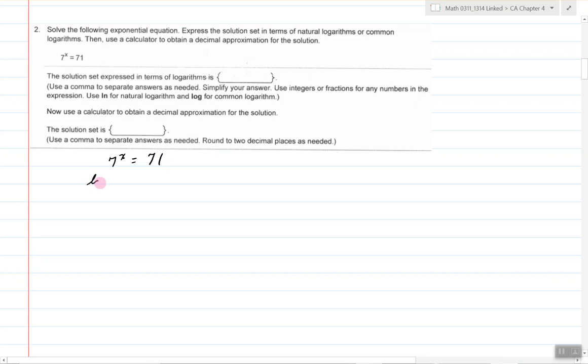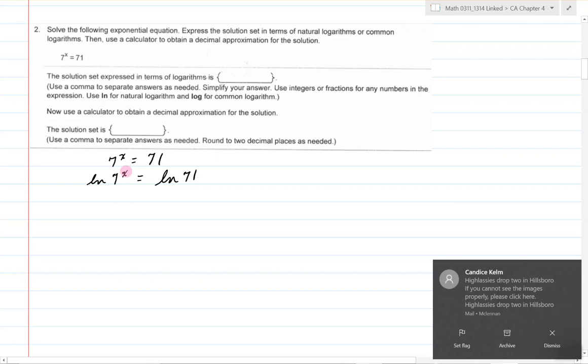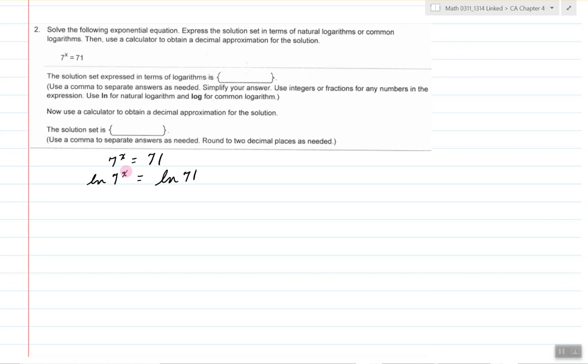I'm going to take the natural log of 7 to the x is equal to the natural log of 71. I'm going to use the power rule that says the x can be moved in front. This becomes x ln of 7 is equal to ln of 71. I hope you remember your properties from the previous lesson.